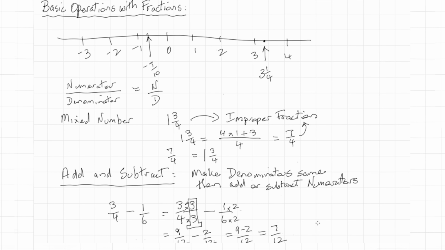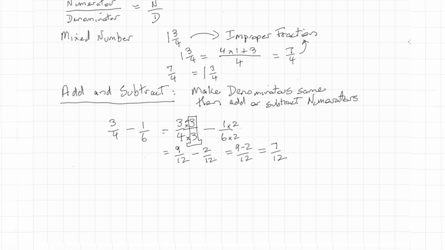Okay, so we do exactly the same for addition. And if I just go down a little bit, we might introduce a mixed number here. So we've got 1 and 3/5 plus 2/3. Now, the way of dealing with mixed numbers is firstly make this mixed number into an improper fraction.